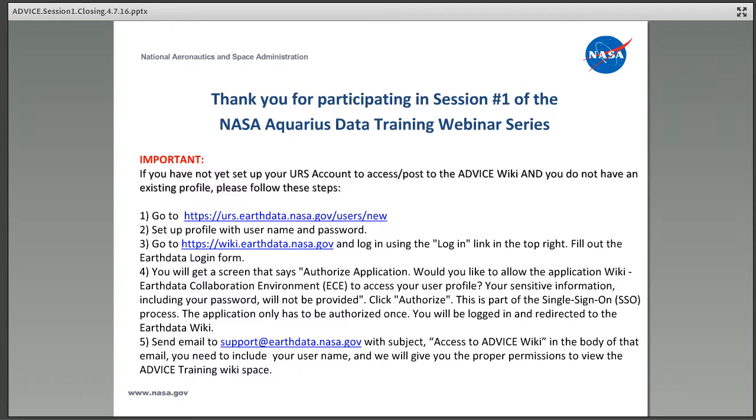The URL is posted here. After you set all this up, you're going to need to send an email to support@earthdata.nasa.gov with a subject similar to "access to advice wiki," at which point one of the support team staff members will be able to provide you access and the proper permissions to view the training wiki space.